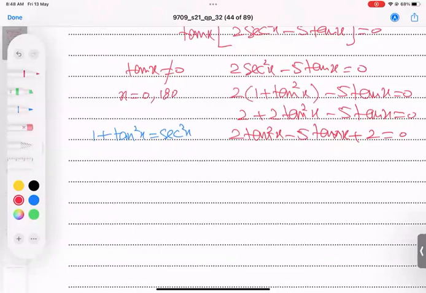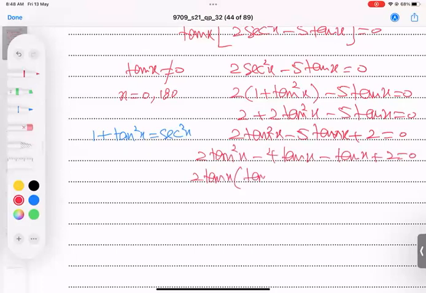I can apply factorization or the quadratic formula, but I think factorization is okay. 2 times 2 is 4, and 4 plus 1 is 5. So I'm writing 2 tan square x, negative 4 tan x, and negative 1 tan x. I think you find it easier or harder to apply the quadratic formula.